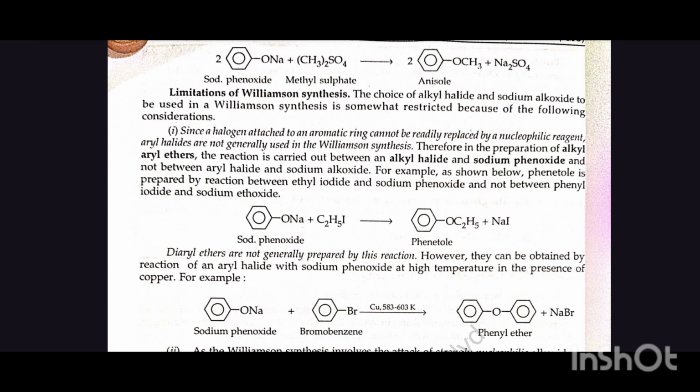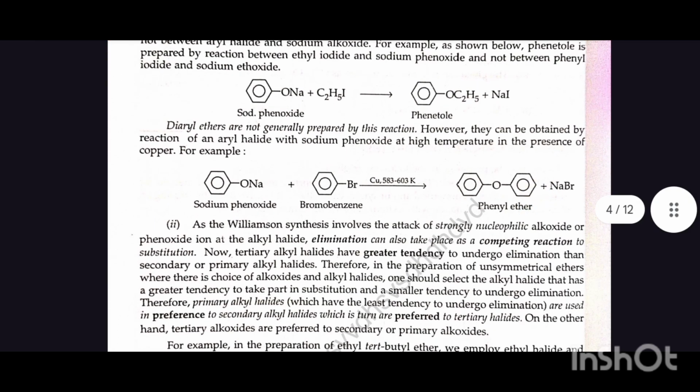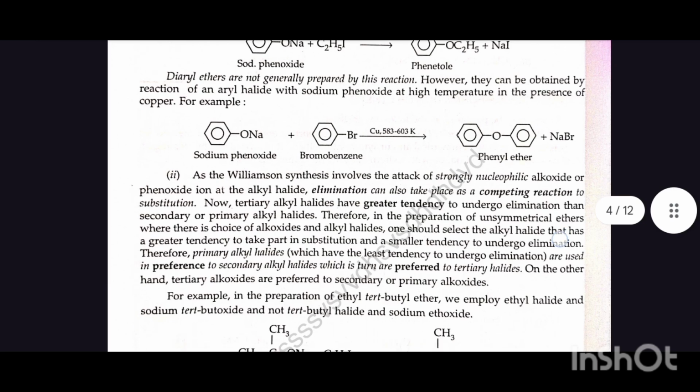However, they can be obtained by reaction of an aryl halide with sodium phenoxide at high temperature in the presence of copper. For example, sodium phenoxide plus bromobenzene in the presence of copper at 583 to 603 Kelvin gives phenyl ether plus NaBr.